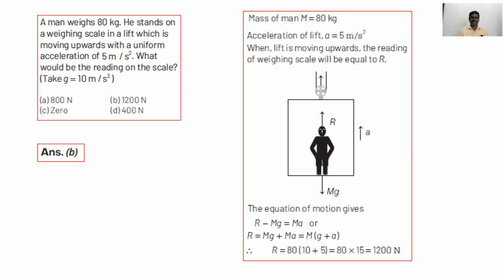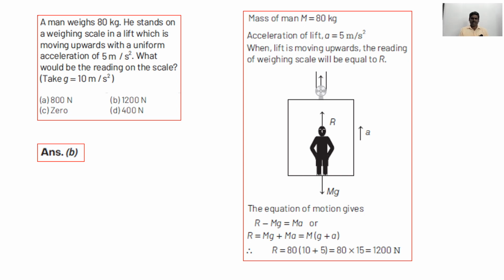Mass of the man is 80 kg and acceleration of the lift a equals 5 meter per second square. When the lift is moving upward, the reading of the weighing scale will be R. From the free body diagram, R minus mg equals ma, or R equals m into (g plus a).